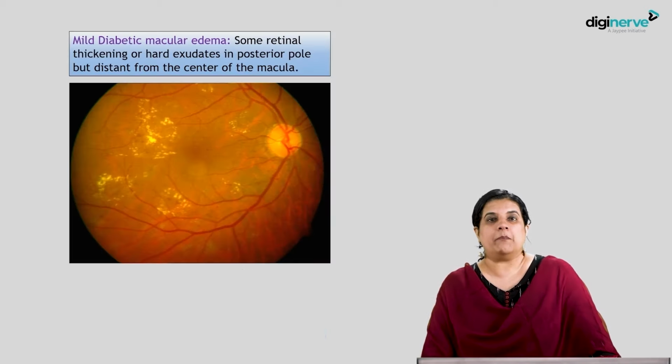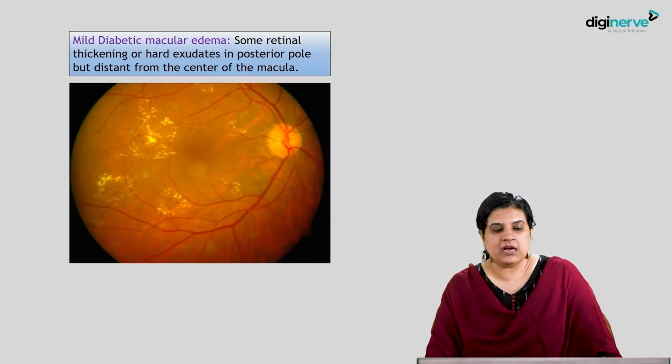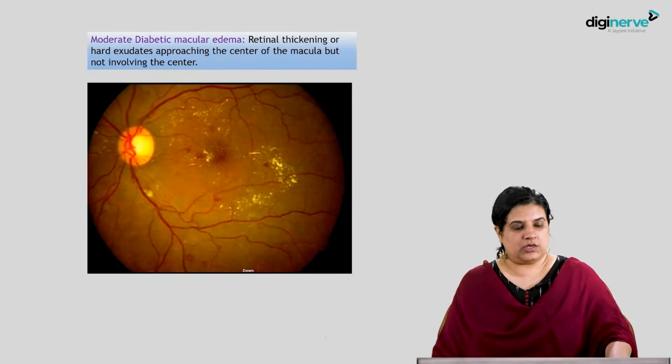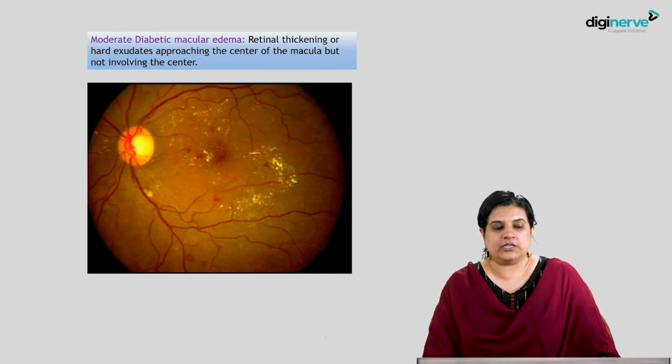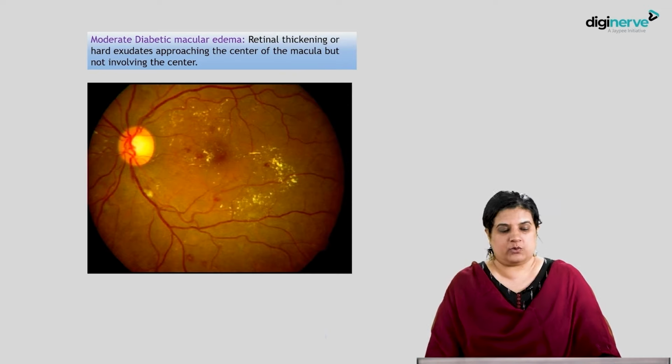You can call it mild diabetic macular edema if there is some retinal thickening or hard exudates in the posterior pole, but they are distant from the center of the macula. Moderate diabetic macular edema has retinal thickening or hard exudates which are approaching the center of the macula but still not involving the center.